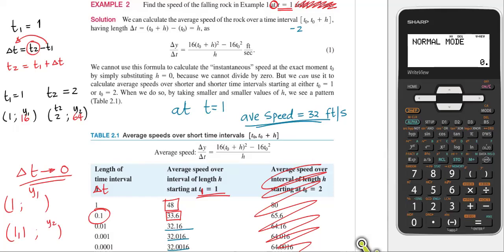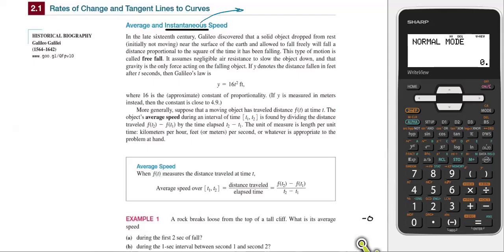All right, so now let's go back here. Instantaneous, remember, we usually say at t equals something. So instantaneous means you are given 1 point.